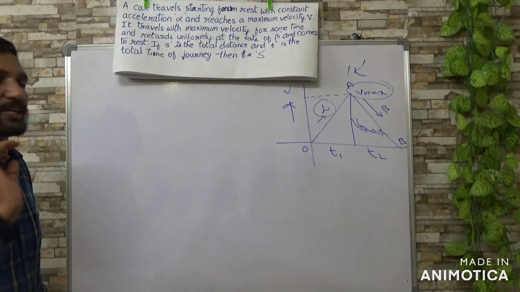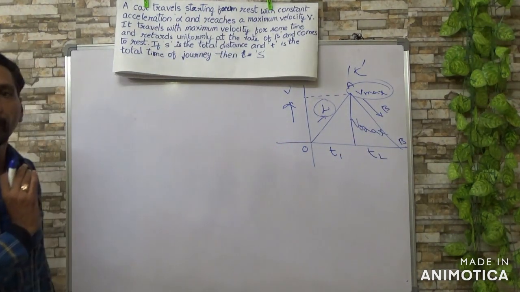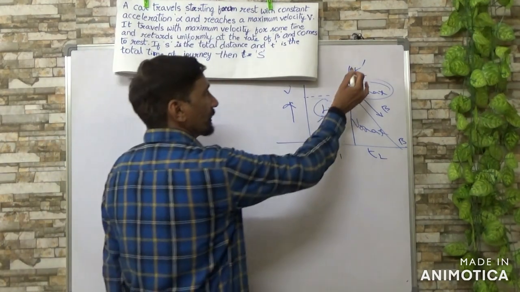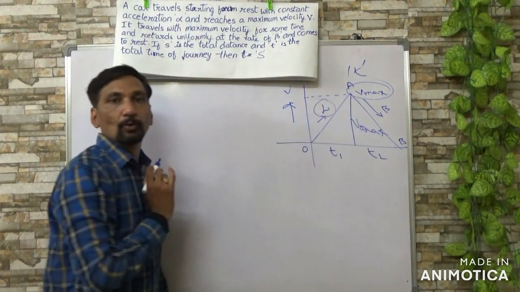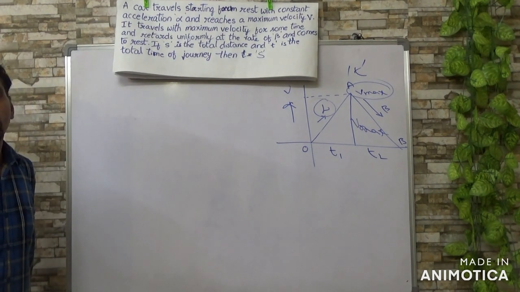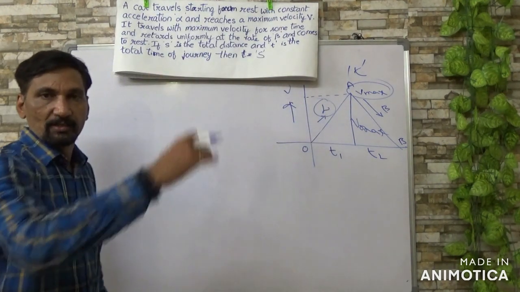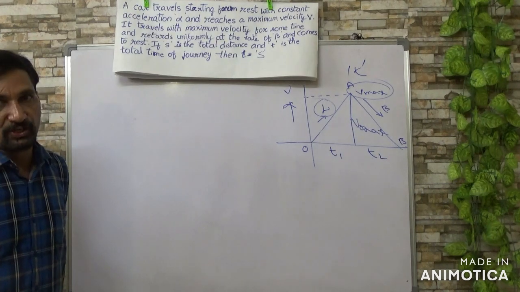So that deceleration is also given, beta. If t is the total time, find the distance traveled by the body. So that is the question. So in the first half acceleration, next half deceleration.